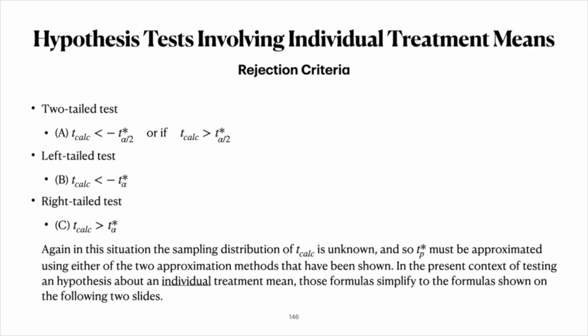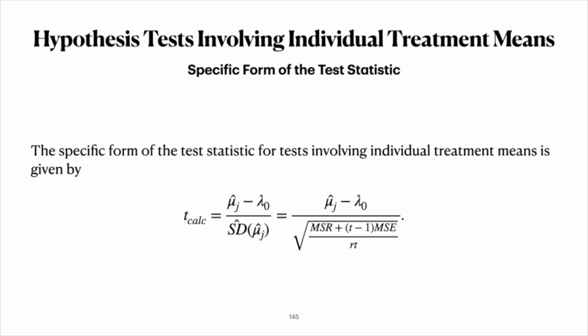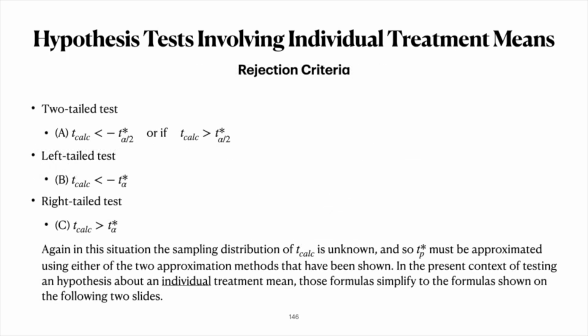Now, because this is a special case of the more general situation that we're looking at, in this situation the sampling distribution of the test statistic is unknown. Again, that's because the estimated variance and the estimated standard deviation in this formula involve more than one variance component, more than one estimated variance.